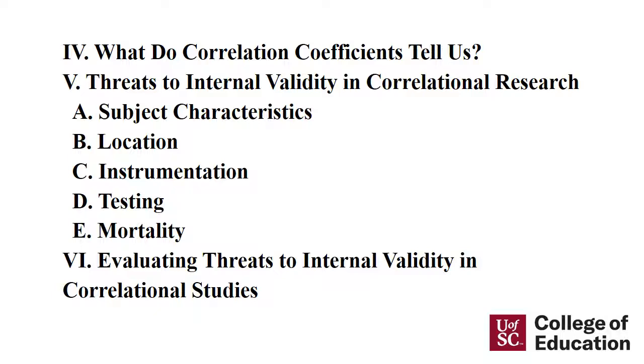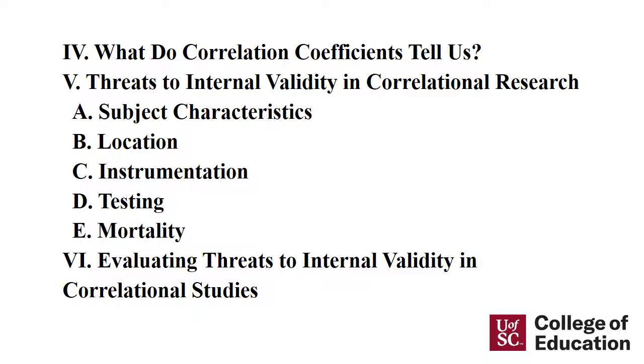V. Threats to internal validity in correlational research. Threats to the internal validity of correlational studies include subject characteristics, location, instrument decay, data collection, testing, and mortality. Results of correlational studies must always be interpreted with caution, because they may suggest, but they cannot establish, causation.